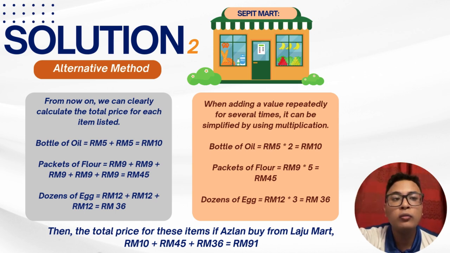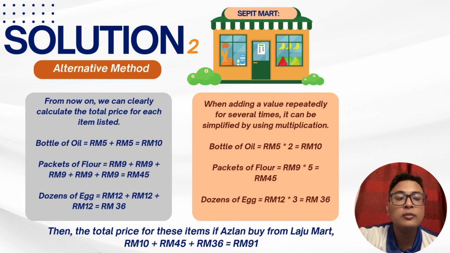We know that when adding the value repeatedly several times, it can be simplified by using multiplication. For example, the bottle of oil, we have 2, and the price of each bottle is 5 ringgit. So we just multiply 5 and 2 equals 10 ringgit. The same goes for the flour and the eggs.